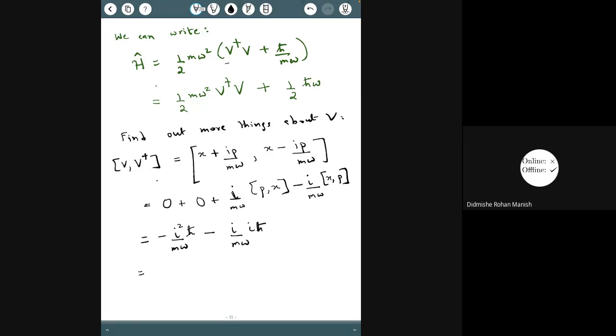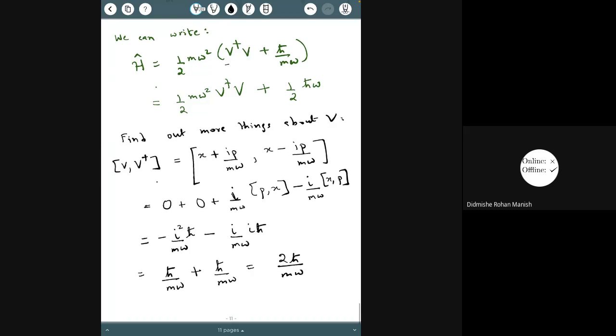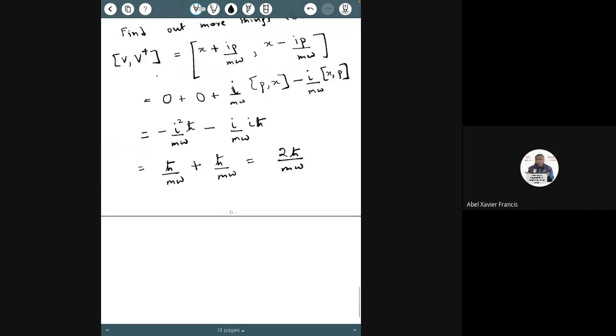So this is h cross omega, minus i squared is plus, h cross over m omega, which is equal to 2 h cross over m omega. So we have found this: V V dagger has a commutator which is 2 h cross over m omega.